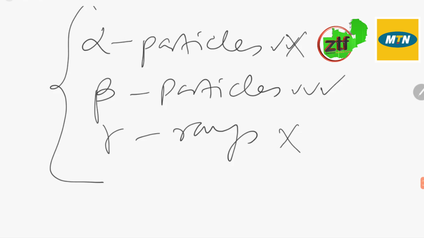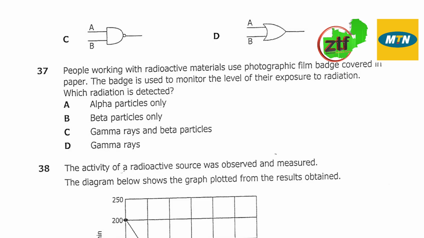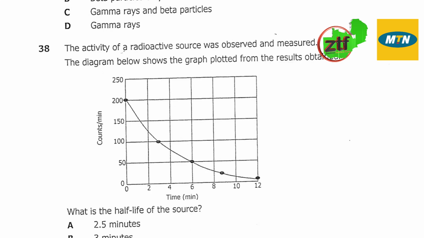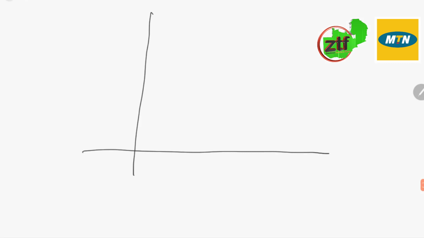Question 38. The activity of a radioactive source was observed and measured. The diagram below shows the graph plotted from the results obtained. Let's look at what was plotted here again. This is roughly the graph of a radioactive decay process.